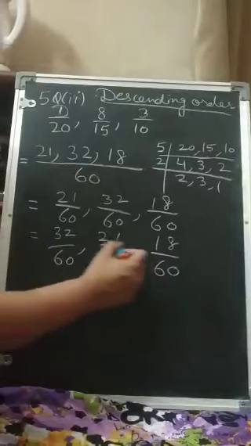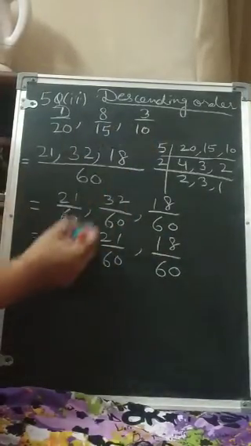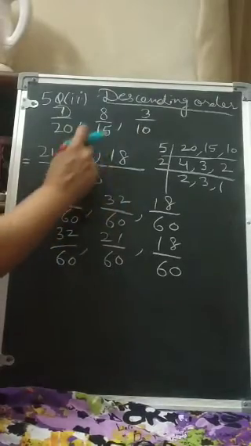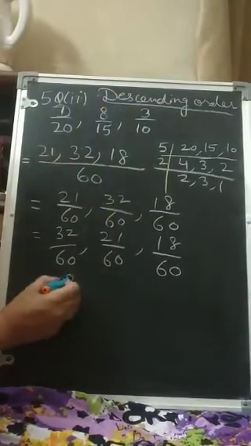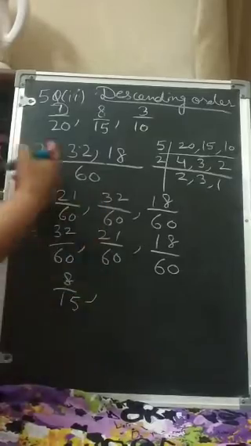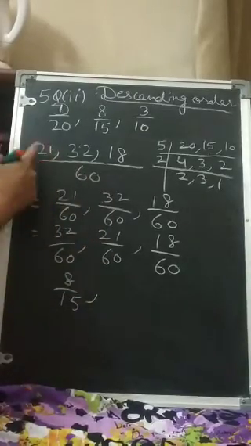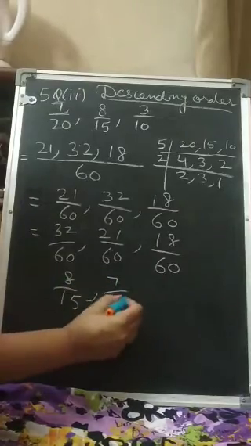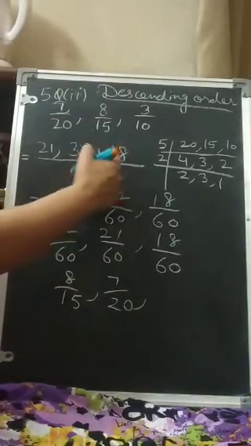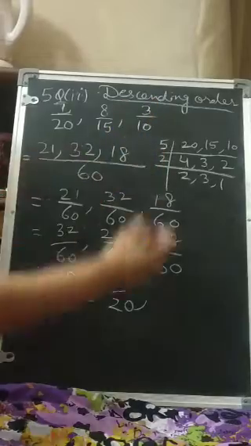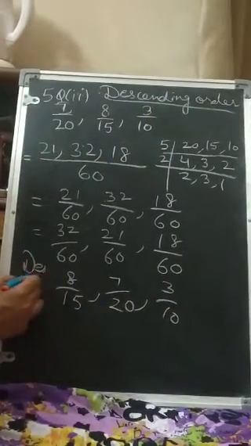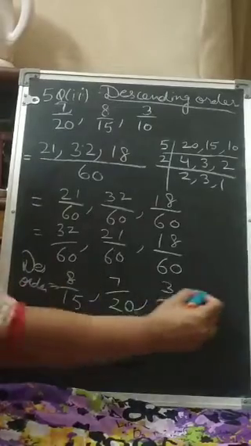Now we have to change these back into our original numbers. 32 over 60 means 8 over 15. 21 over 60 means 7 over 20. And 18 over 60 means 3 over 10. This is our descending order. This is our final answer.